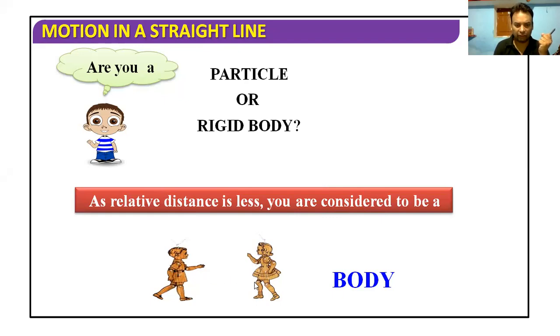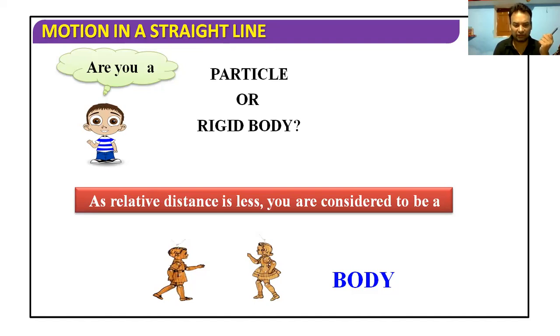When the size of the two objects is comparable to the separation between them, suppose the boy is 5 feet, the girl is also 5 feet, and the distance between them is nearly 5 feet, then they will treat themselves like a body. This is the body of the boy, this is the body of the girl, because the separation between them is also approximately 5 feet or 10 feet.